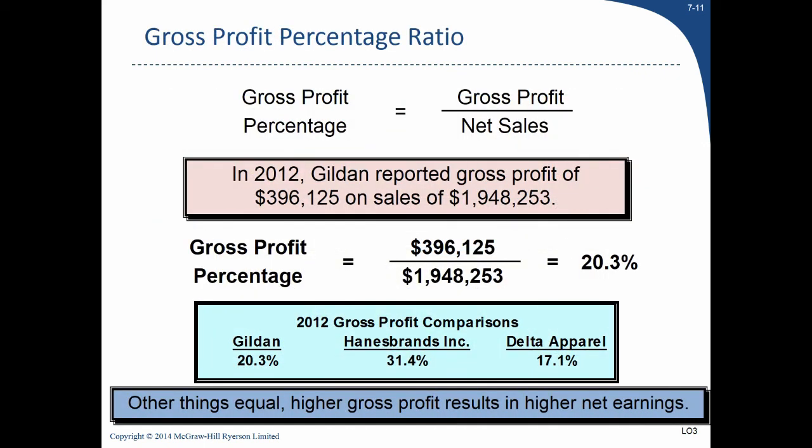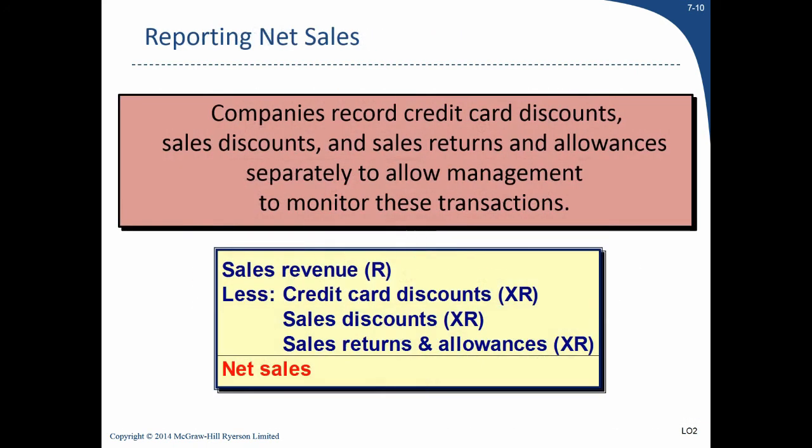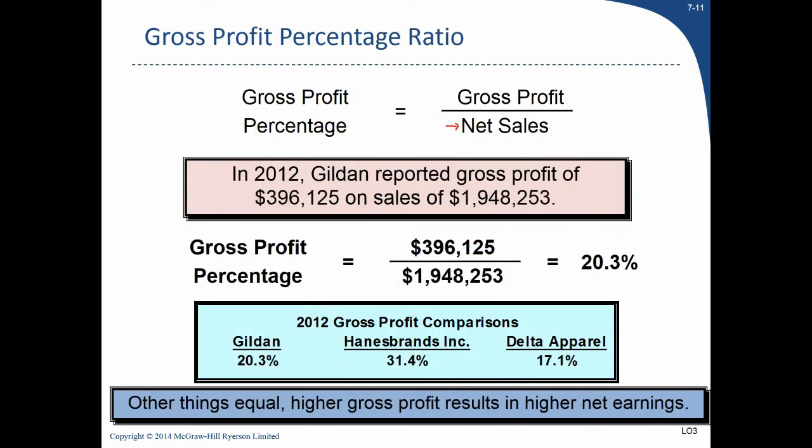All right, gross profit. Gross profit is just your net sales minus cost of goods sold, the value of the inventory that was sold to recognize that revenue. So your gross profit percentage is just the gross profit as a function of net sales, okay?